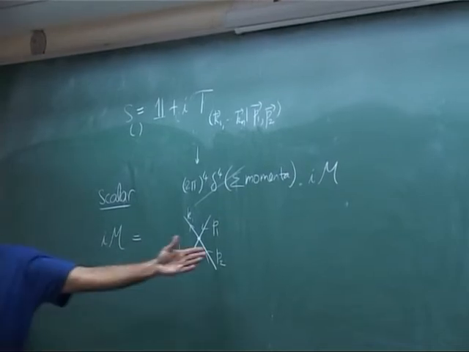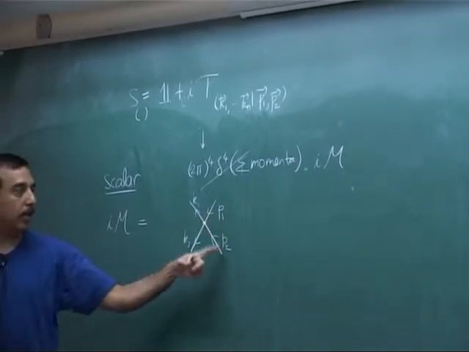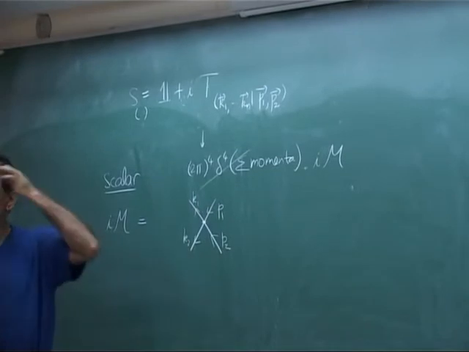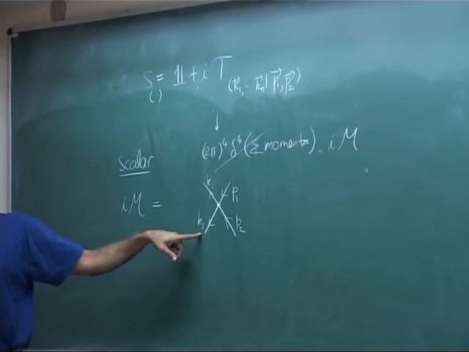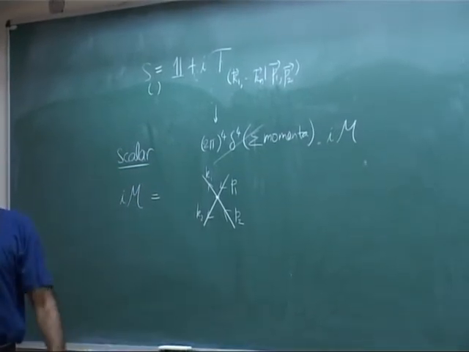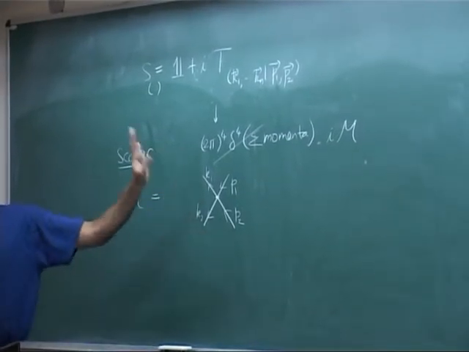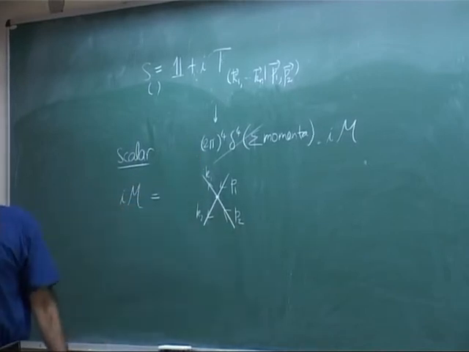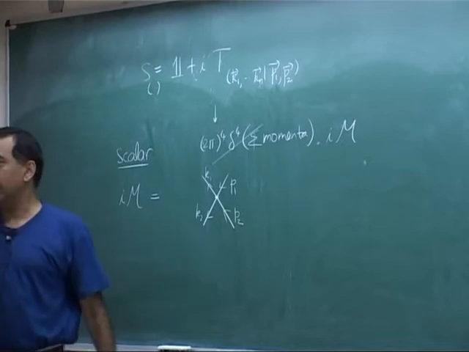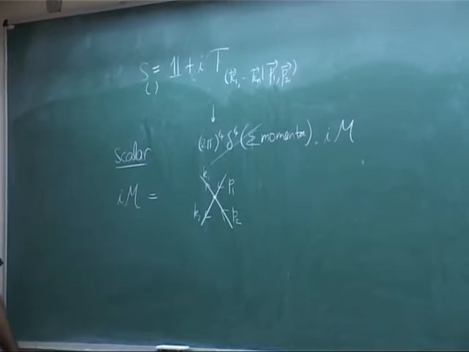We can label the momenta as if these are incoming and these are outgoing. In that case, the delta function would have been P1 plus P2 minus K1 minus K2. But anyway, that's dropped. The structure of this theory is such that the correct delta function is always there. So we are guaranteed about that, so we drop it.